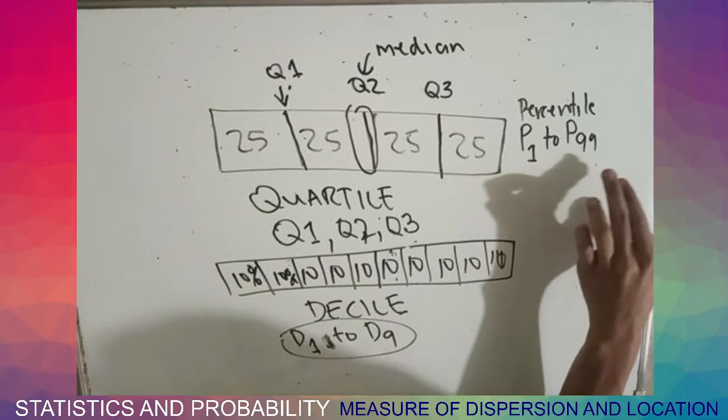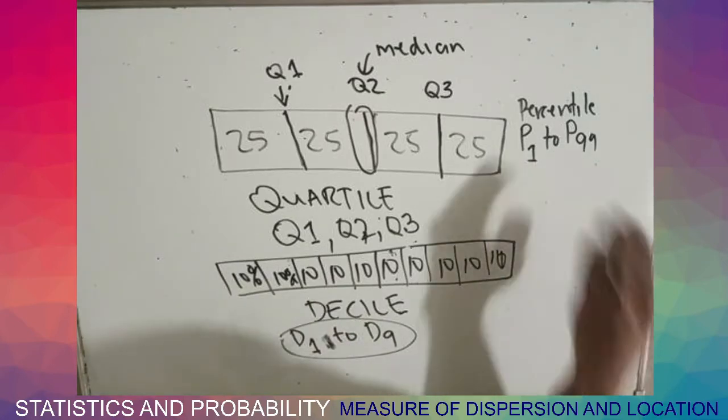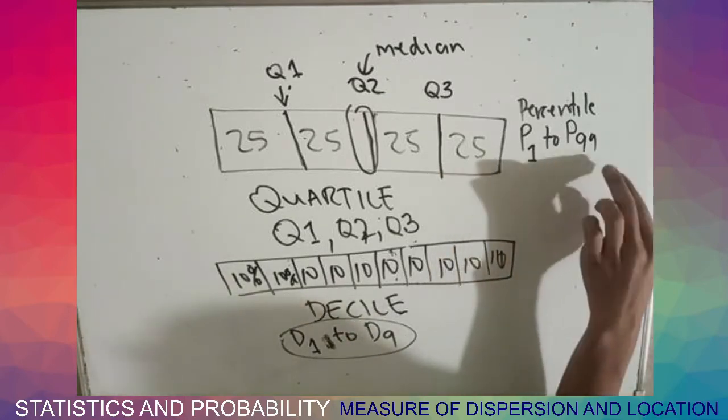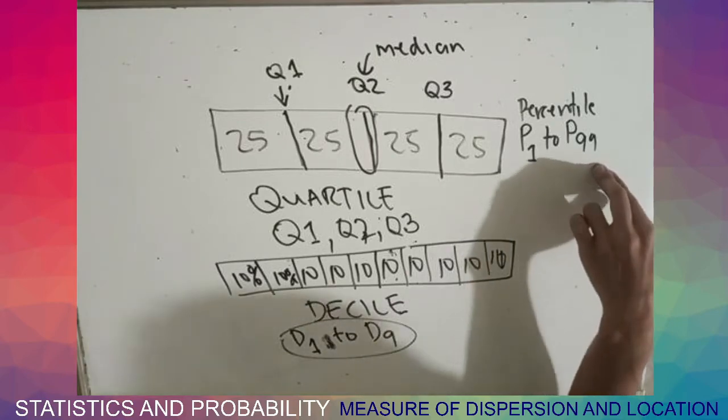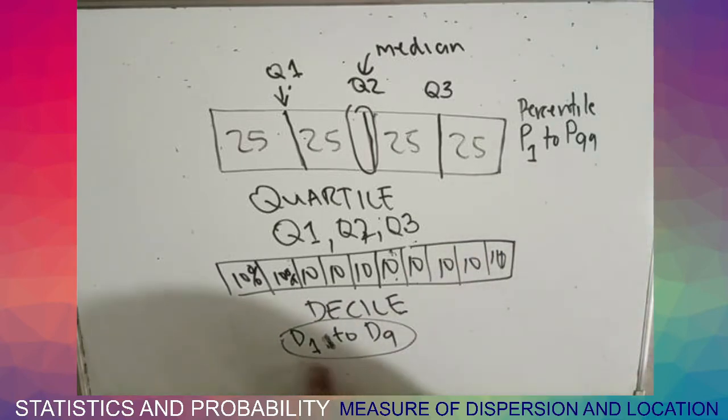Bali 99 kasi yung cut-off points, P sub 1 to P99. Then sa decile, D1 to D9. Yun yung mga isa-solve natin sa mga problem, pero hindi naman lahat. Kukuha lang tayo siguro ng isa or dalawang quantile location dun sa ating given na problem.